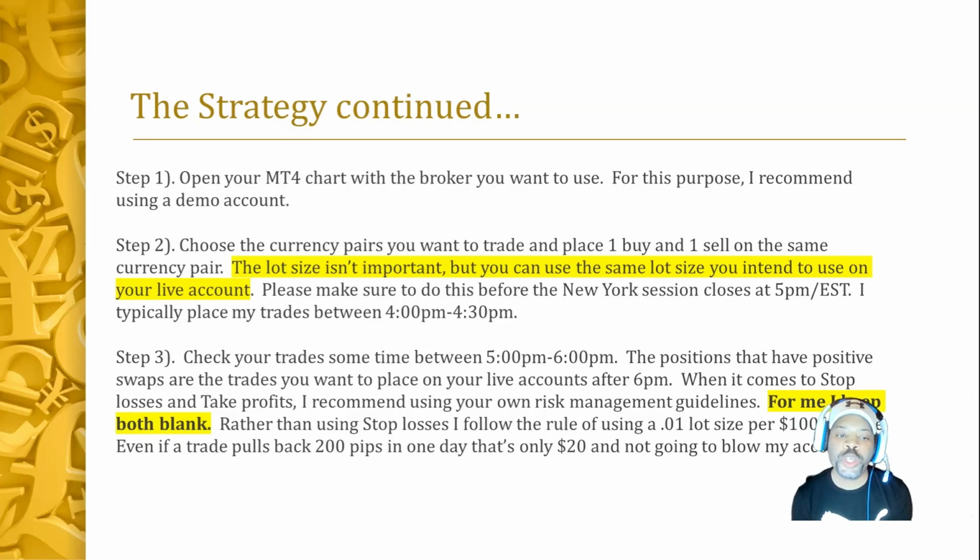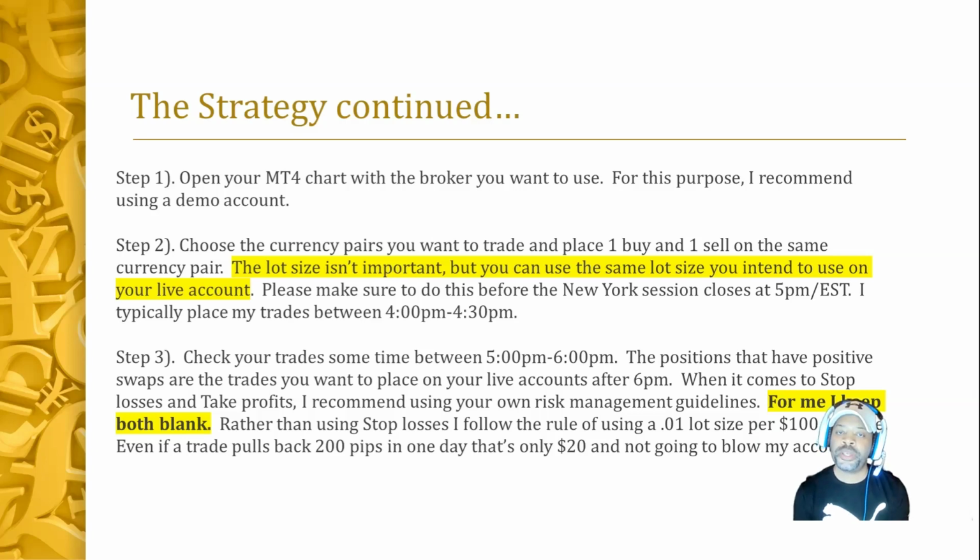And you want to make sure that you place your trades before the New York session closes at 5 p.m. Eastern Standard Time. I typically place my trades between 4 to 4:30 p.m. Eastern Standard Time.